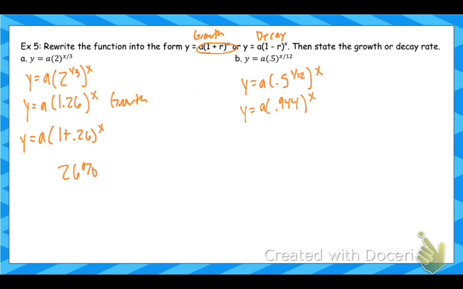This is going to be decay because the base is less than 1. So I'm going to rewrite this as 1 minus 0.056, which allows me to see the decay rate. Okay, 0.056 as a percent is 5.6%. So this is a 5.6% decay.